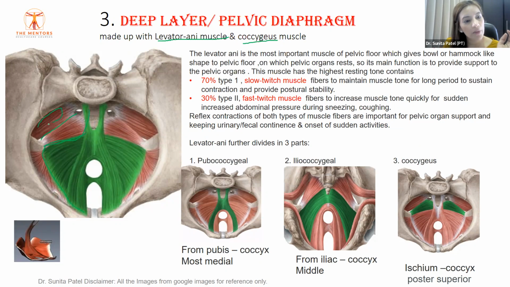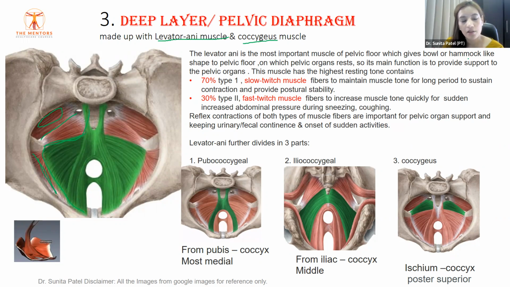And this is the piriformis accessory. This is the obturator internus accessory. The levator ani is the most important muscle of the pelvic floor, which gives a bowl or hammock-like shape to the pelvic floor. This is the muscle on which the organs are resting. Its main function is to provide support to the pelvic organs.